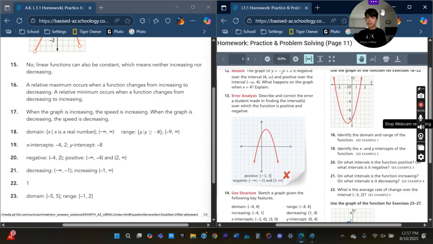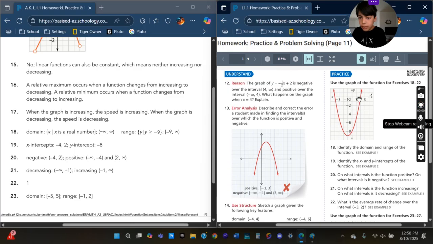And for negative, it would just be from -3, or sorry, -4 to 2, because that's the interval. It starts decreasing at -4 and also at 2, and it just connects.